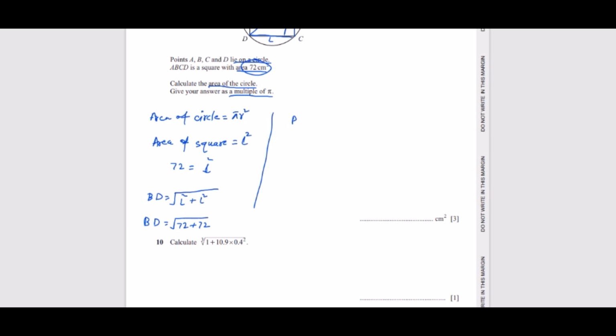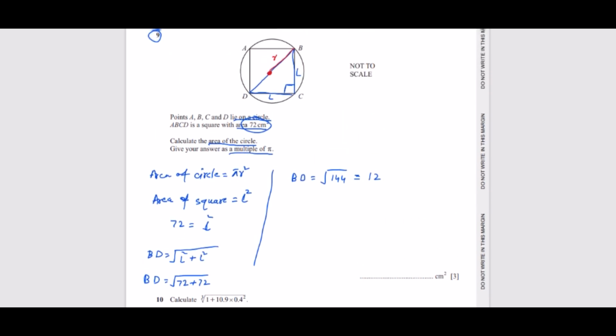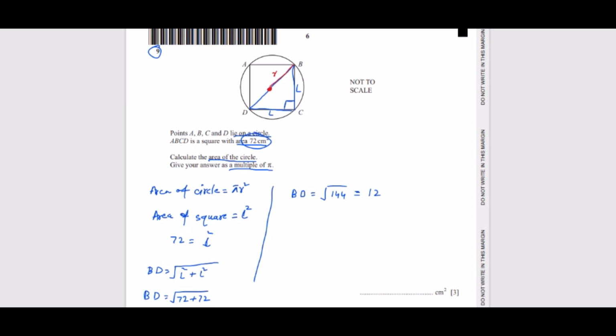Calculate these values. BD is equal to the square root of 144. The square root of 144 is equal to 12. So this complete line is equal to 12. Now we take only this part, so to find the radius, it is BD divided by 2. BD is 12 divided by 2, so the radius is 6.